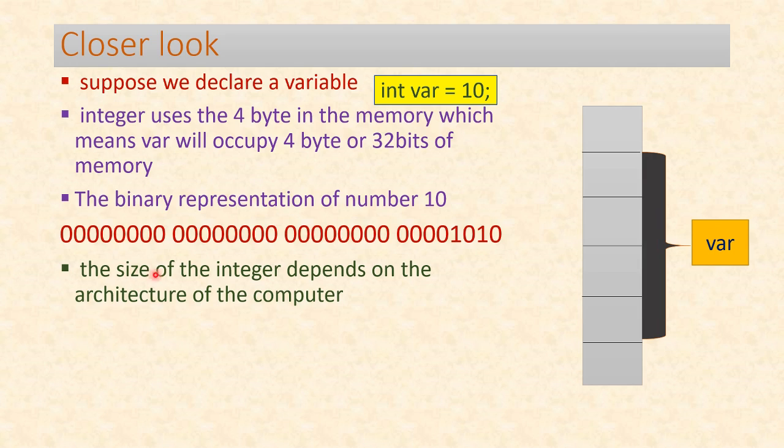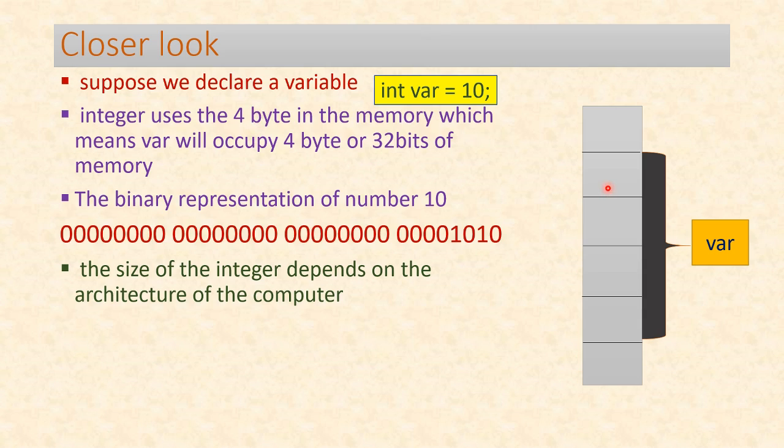One thing we also need to know is that the size of the integer depends on the architecture of the computer. We have discussed here that the data type int will occupy 4 bytes of memory in the RAM, but it varies according to the architecture of the computer. If someone has a computer or laptop with a different architecture than mine, it may be possible that the int data type needs only 2 bytes.